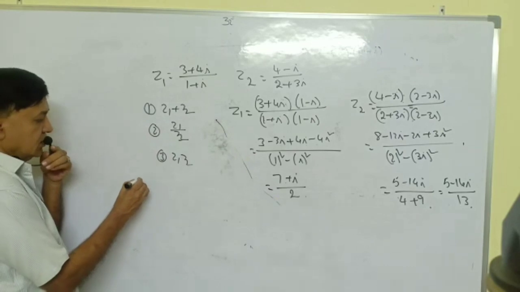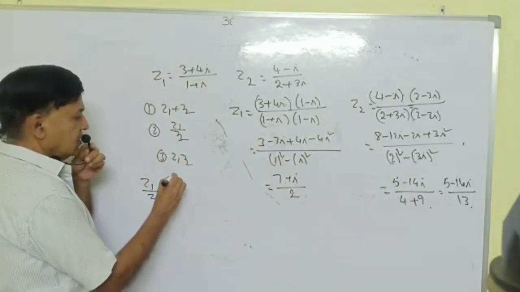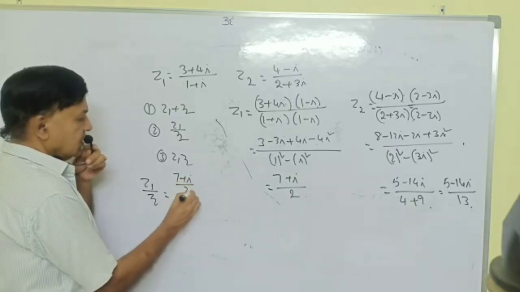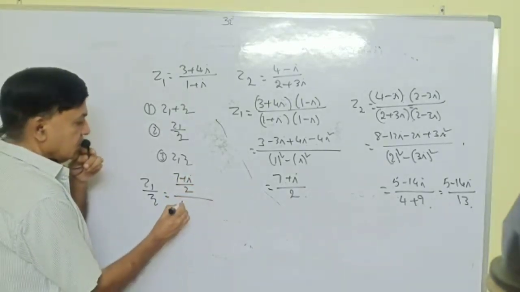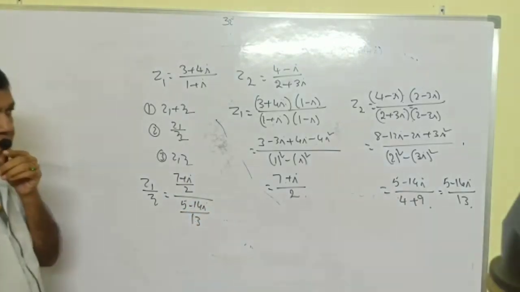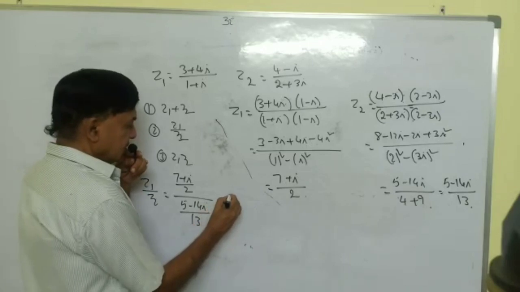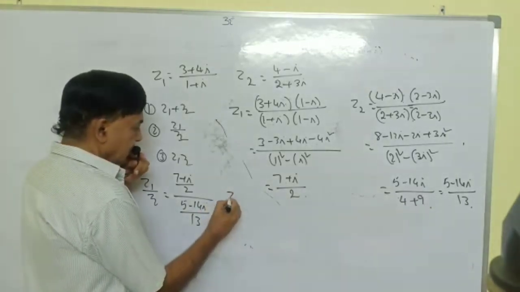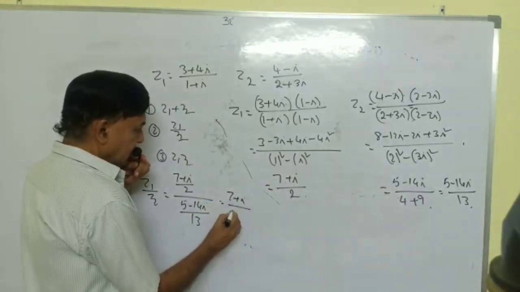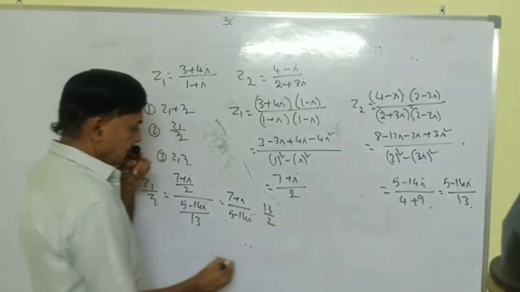The next calculation is Z1 by Z2. Z1 is 7 plus i by 2. Z2 is 5 minus 14i by 13. This is as good as (7 plus i) by (5 minus 14i) into 13 by 2, is it not?